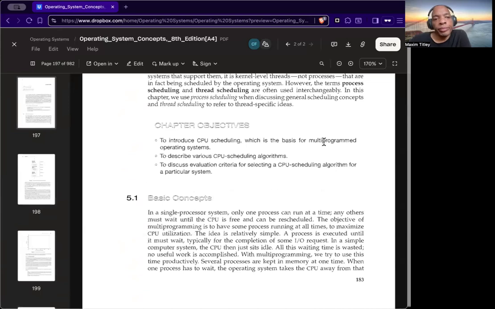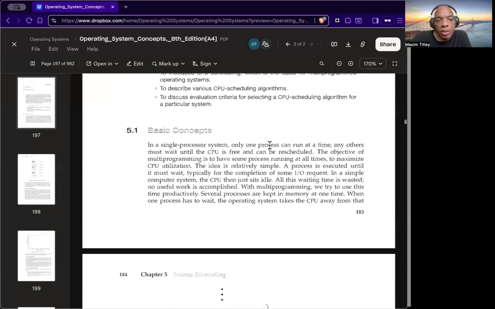Scheduling. Now, when we talk about scheduling, I usually refer to this whole thing as job scheduling, but you'll notice that they say the following. However, the terms process scheduling and thread scheduling are often used interchangeably. In this chapter, we use process scheduling when discussing general scheduling concepts and thread scheduling to refer to thread-specific ideas.